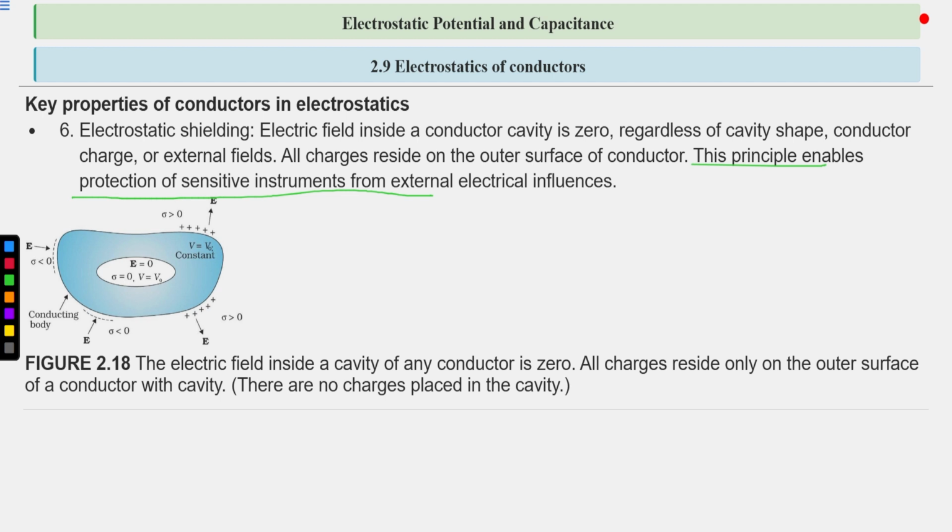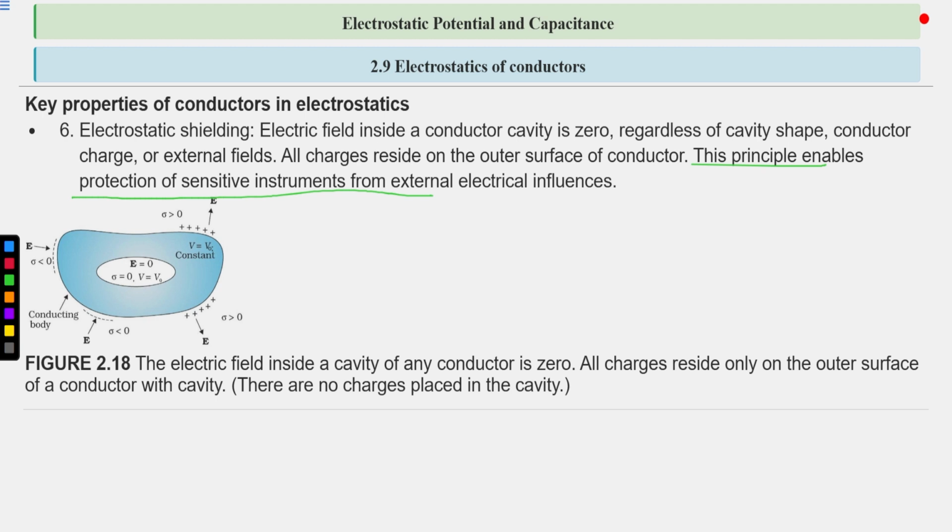So we can protect the sensitive instruments that are used in various electronic devices that are very sensitive to external electrostatic fields. That external electric field will interrupt their working. So for their protection, we will place these instruments inside this type of cavity, and this cavity will prevent them from external electrical influences.